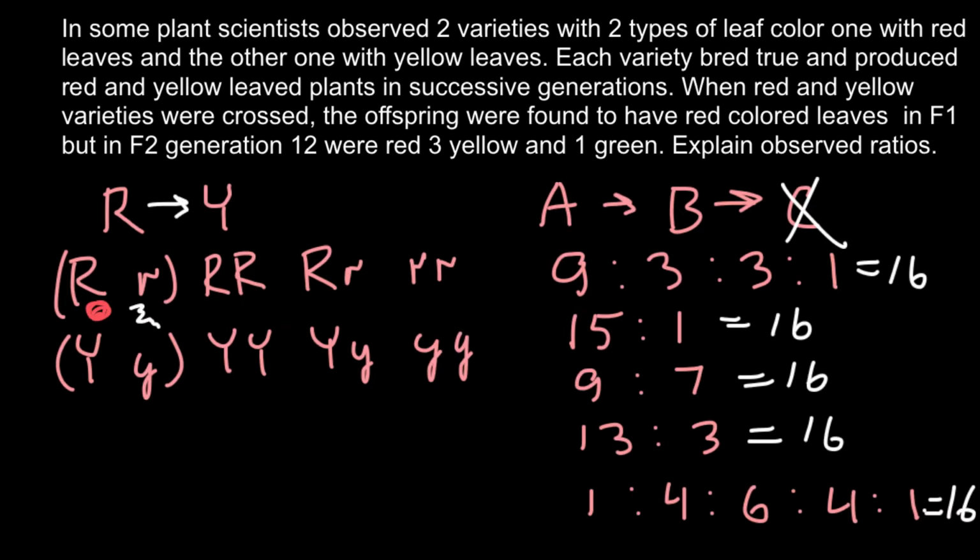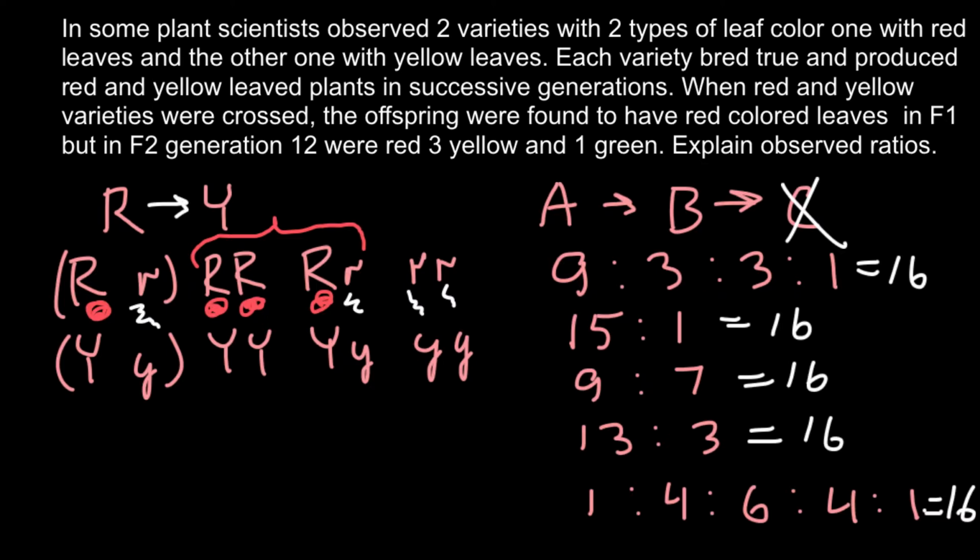So if we would have a plant whose genotype would be capital R, of course the phenotype would be red. If we would have a plant that would have one normal allele, one defective, we would perceive this genotype still as a red plant. But if both alleles would be defective, we wouldn't be able to see this accessory pigment at all.